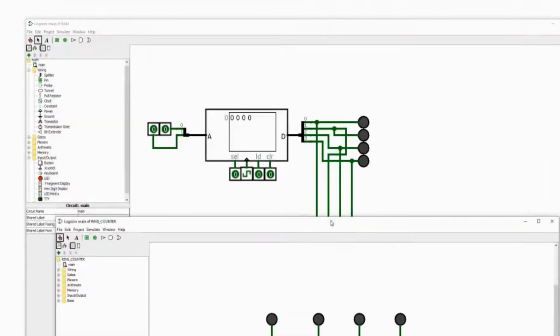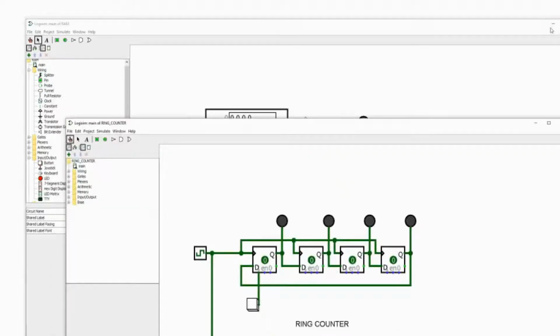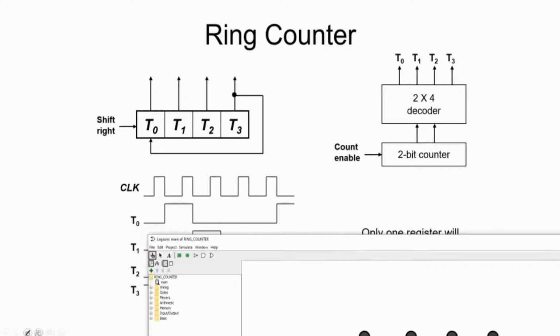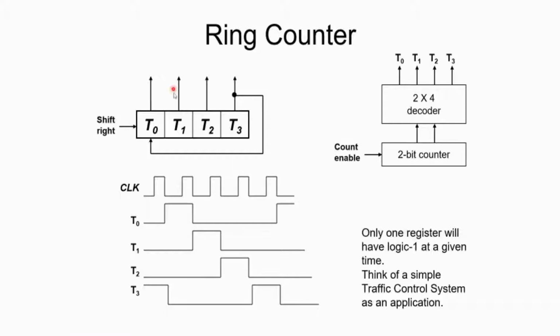Sorry, not this one. This actually is this circuit right here, the one at the top. And you can also make a 4-bit ring counter by using a 2-bit counter and a 2 to 4 decoder.